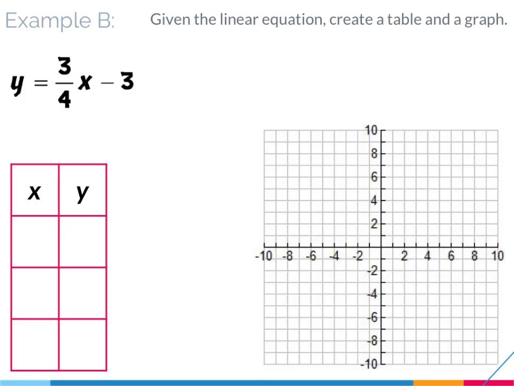However, since I'm going to be multiplying by fourths, in this case 3/4, I want to make sure that my numbers are multiples of 4. Because otherwise, when I multiply, I'll end up getting decimals or fractions. Not that those are wrong, not that those aren't on the line, they're just very complicated to graph. So the first number that I'm going to pick is 0, because 0 is a very easy number to multiply anything by, so I'm always going to pick 0.